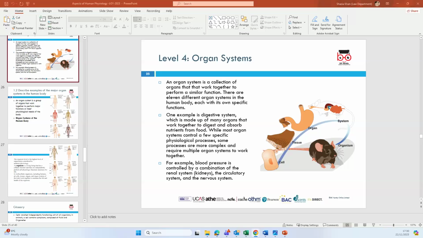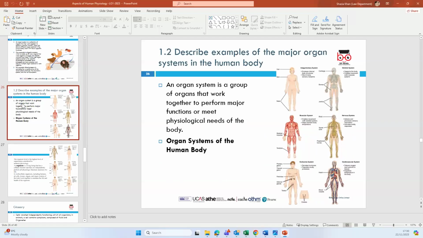So the next slide, can you see the next slide? It says 1.2, describe examples of major organ systems in the human body.